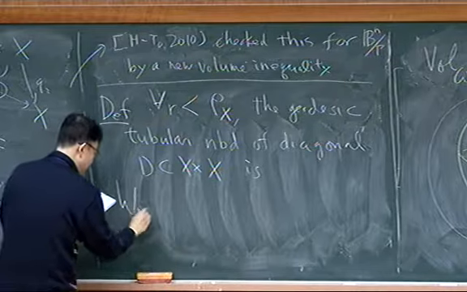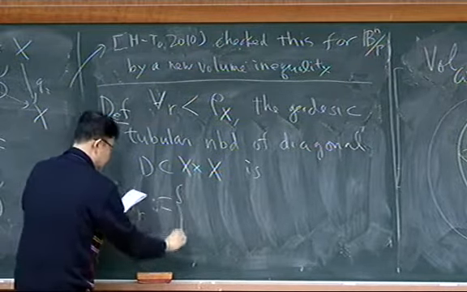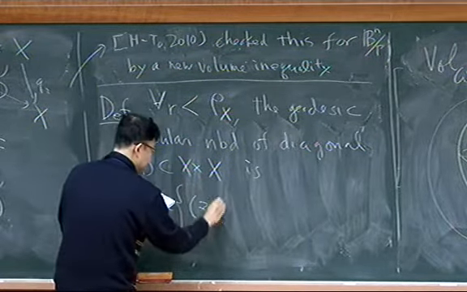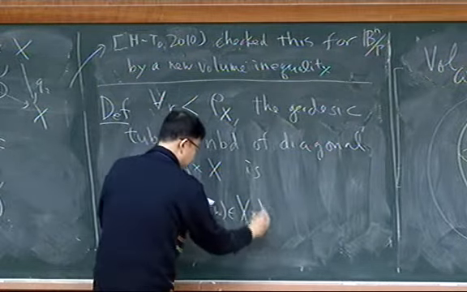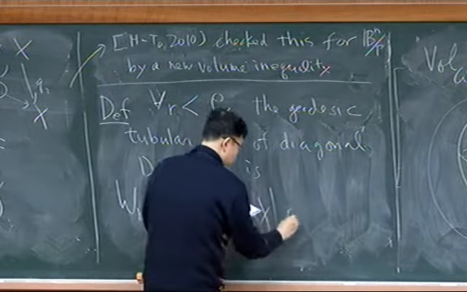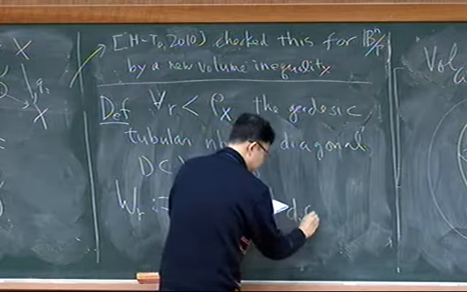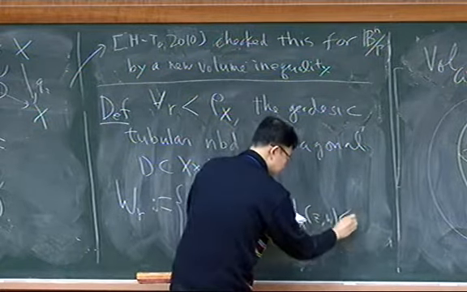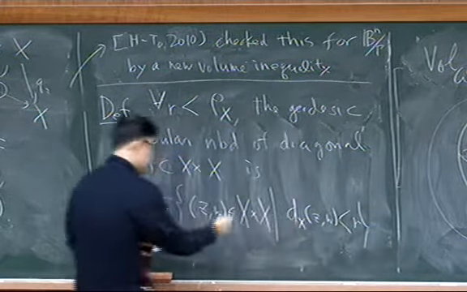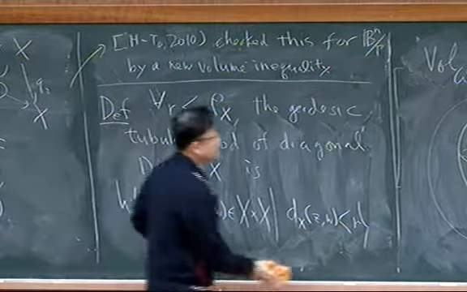This is W_R. These are pairs of points on the hyperbolic manifold whose distance is less than R. That is the definition of W_R.